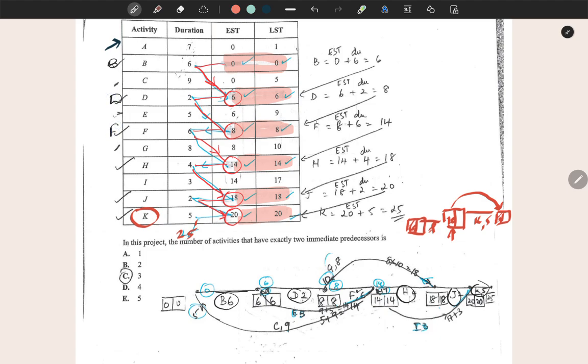Now, we have to add the other edges in, because only after we've drawn an entire network can we answer the question. We need to use the latest start time and the duration and go backwards again.